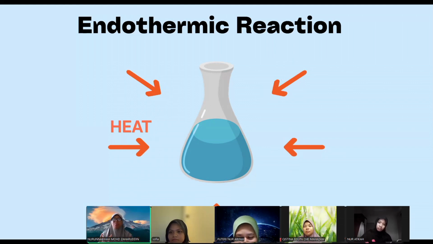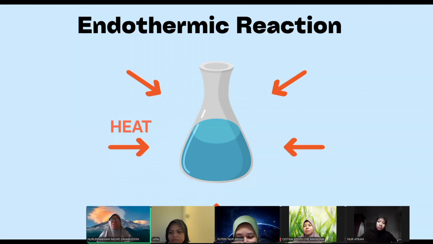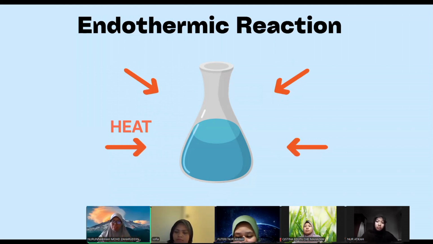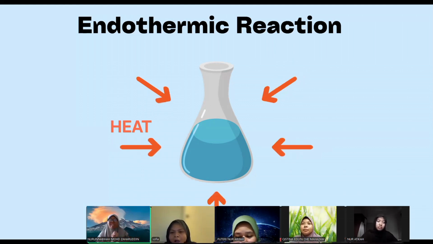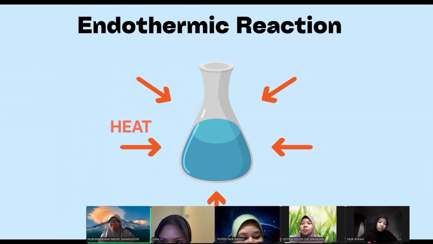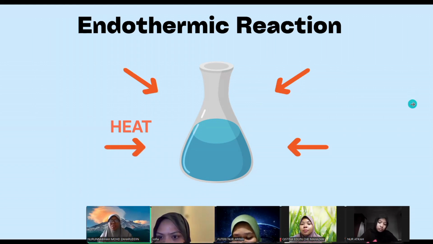For example, ice is what we call the system, and its surroundings have heat. The ice absorbs the heat, so it becomes water. Do you guys understand? Yes. Okay, good. So we're moving on to the next slide.